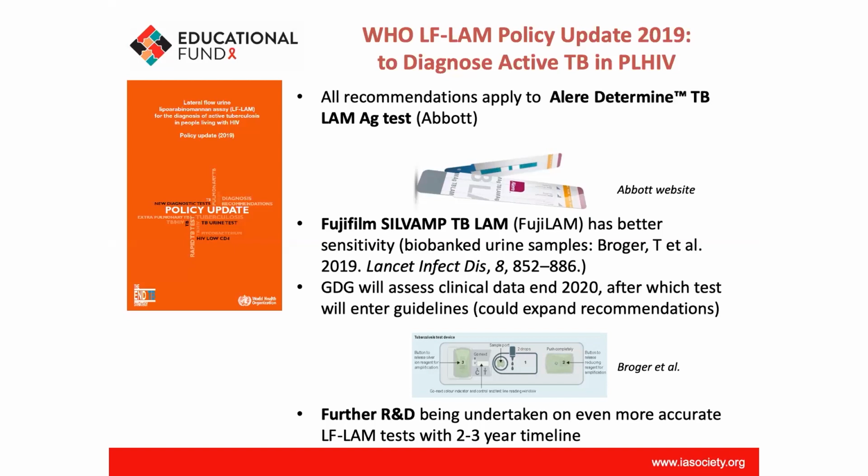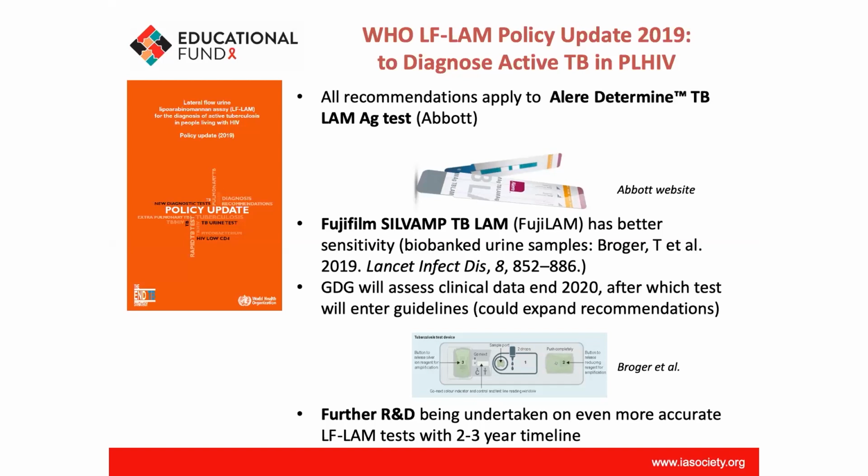It's shed from mycobacteria, or in this case, Mycobacterium tuberculosis, and can be measured in the body. And in this case, these tests measure LAM in urine specifically, which is a very easy sample clinically to measure from people. And there was a policy update in late 2019 from the WHO.